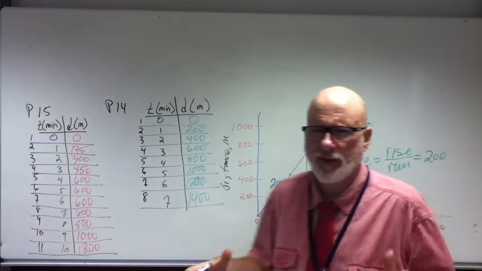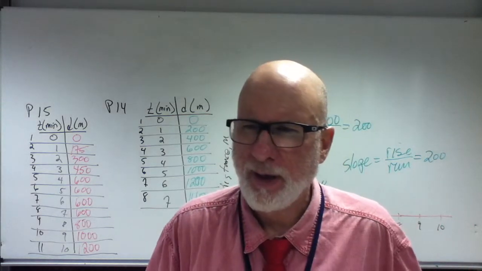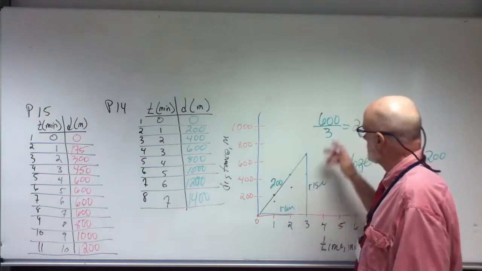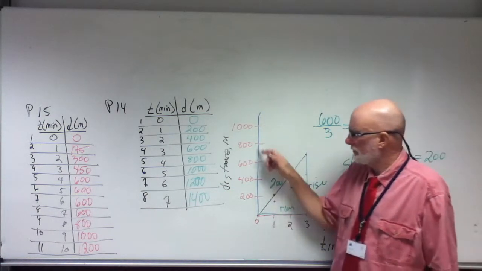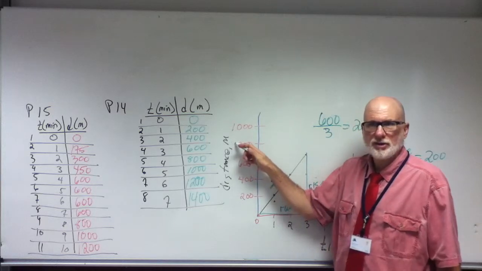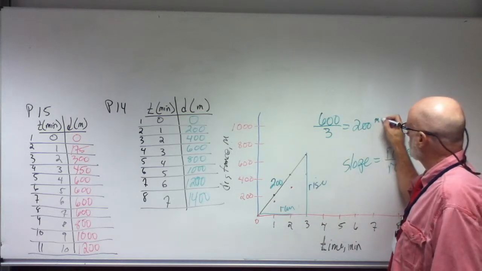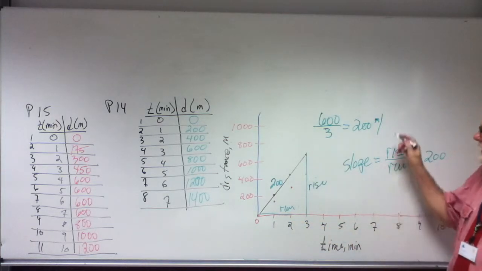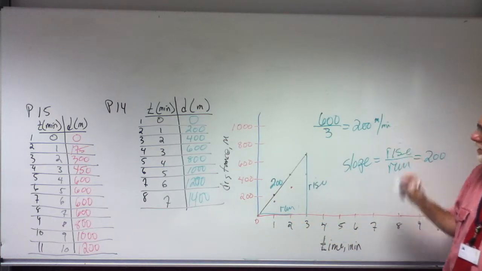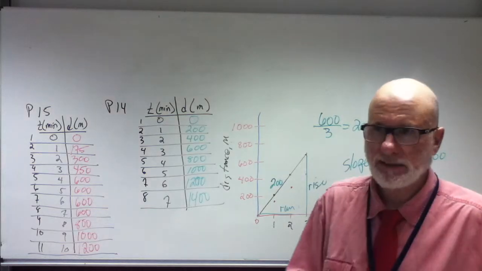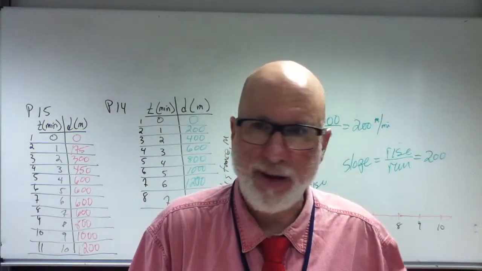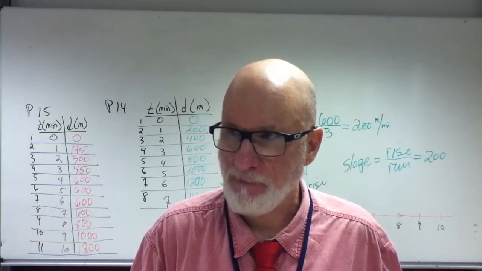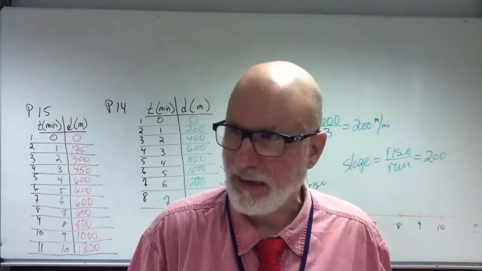And what are the unit labels for that? In other words, 600 what? Meters. Meters over minutes. That's where I want everybody to be on Monday. Clear? Everybody's got to be there.